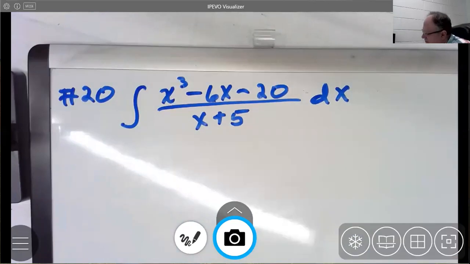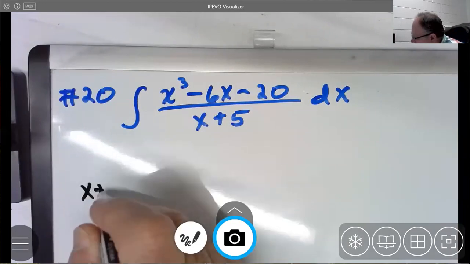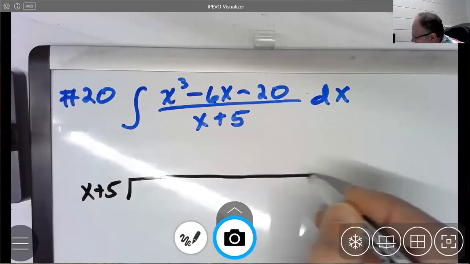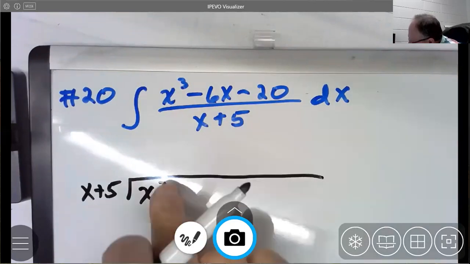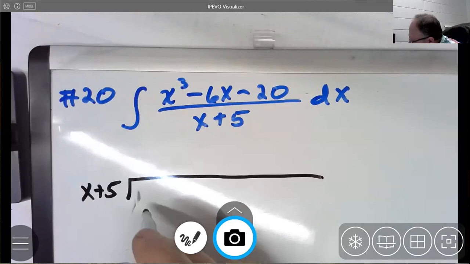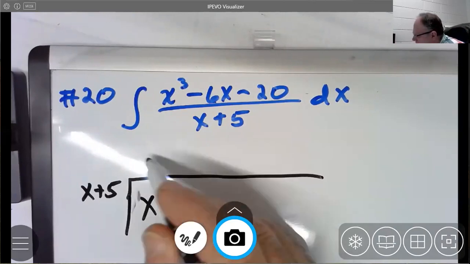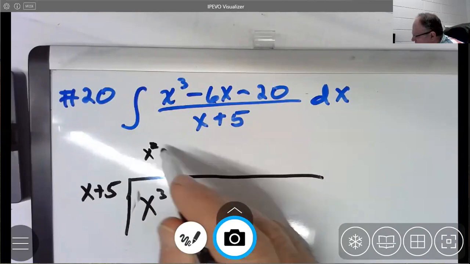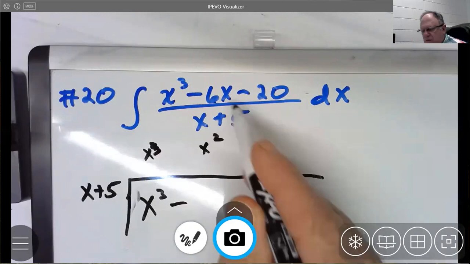So our divisor is x plus 5, and our dividend is x cubed, make this bigger. Now we need a place for x squared, but we don't have an x squared.